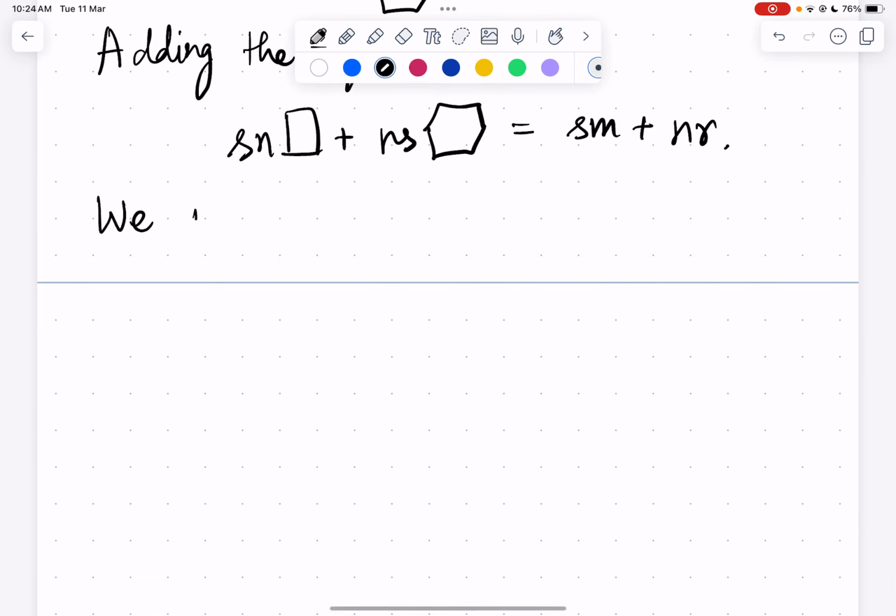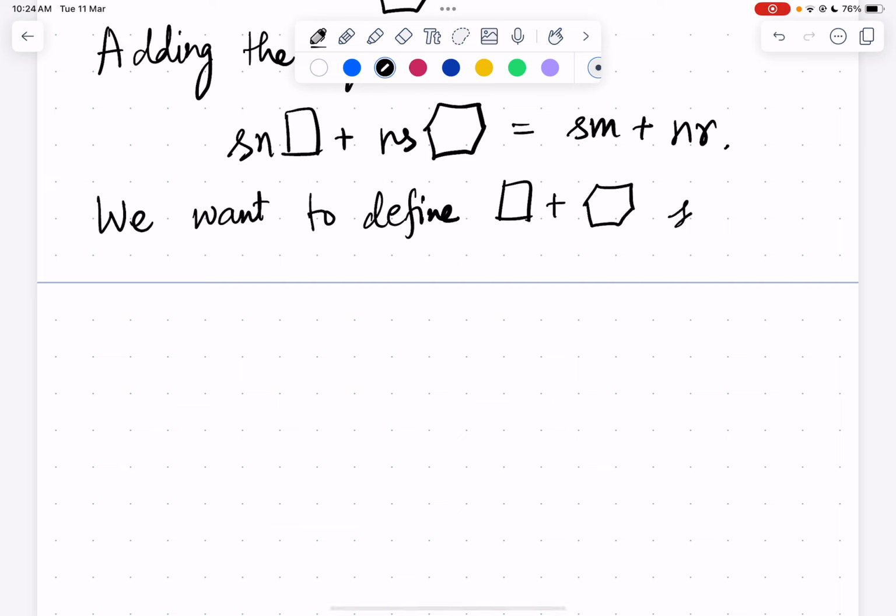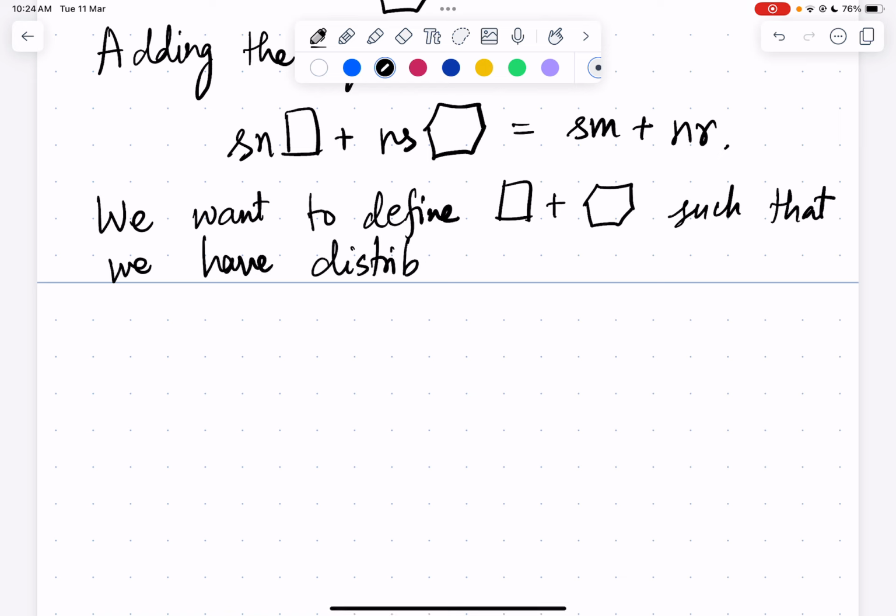We want to define the sum of these 2 points such that we have distributivity. Right? Distributivity. We want to define box plus hexagon such that we have distributivity.